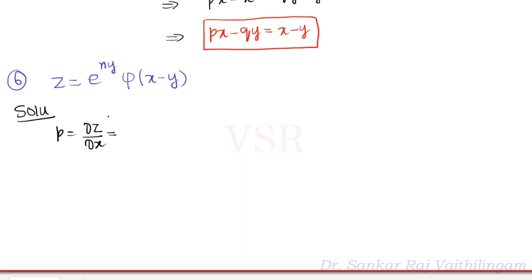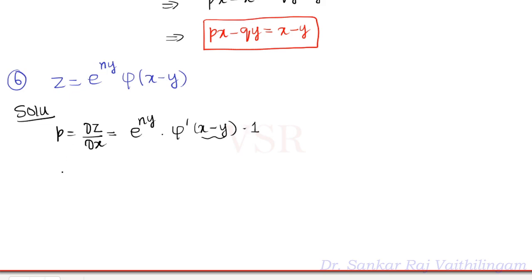And note that இதுல e to the power ny is also function but which is independent of x. x இதுல இல்ல. அப்போ அது this is to be treated as a constant. அப்போ e to the power ny into இதை டிஃபரன்ஷியேட் பண்றேன். That is phi dash of x minus y into இதை டிஃபரன்ஷியேட் பண்றேன் into 1.